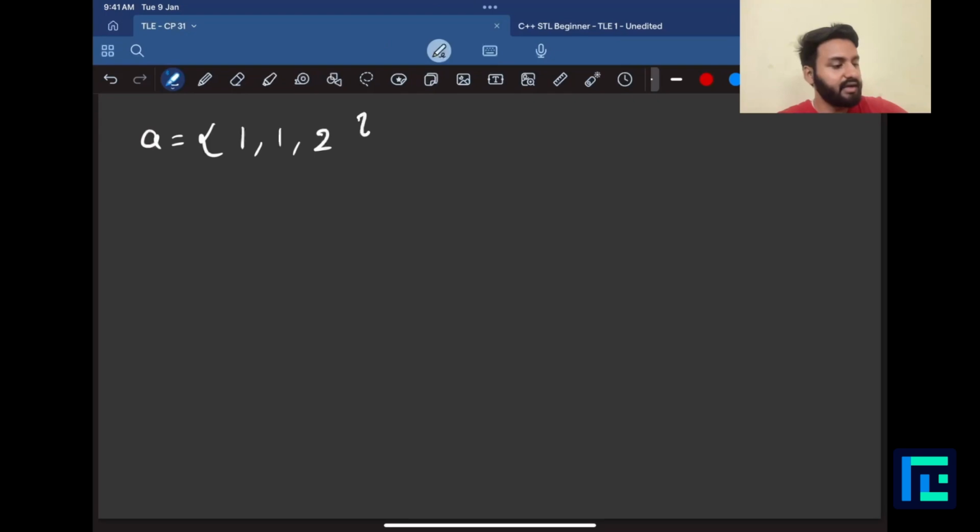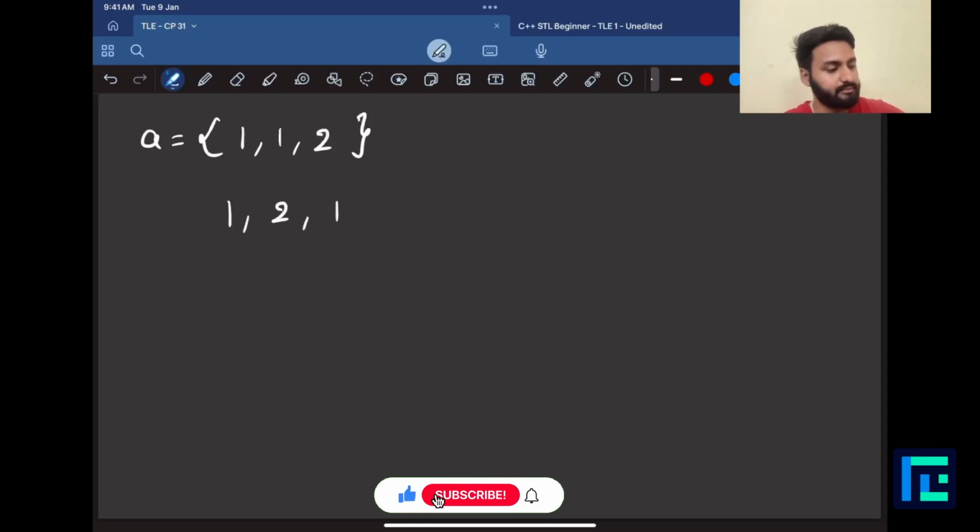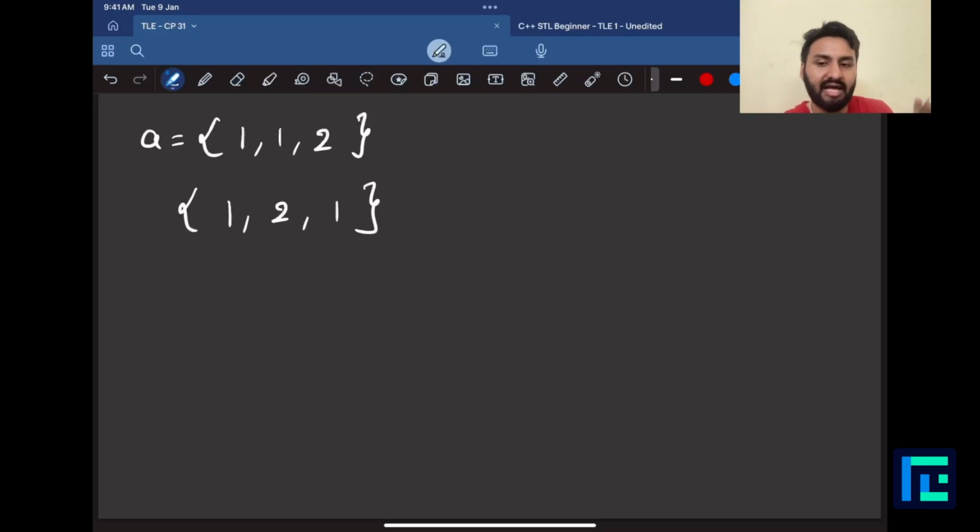Now a very simple reordering that can be done is to reorder it to look something like this: 1, 2, 1. I'm not bothered with how many operations I took to reorder or which numbers I swapped from which place to which place. It's just that somehow the array that was 1, 1, 2 now looks like 1, 2, 1, which is of course a reordering of the elements.